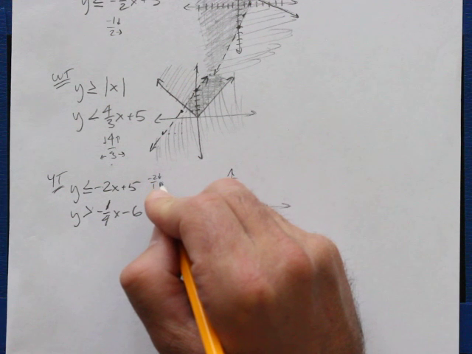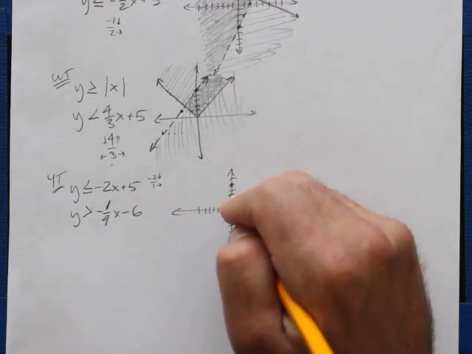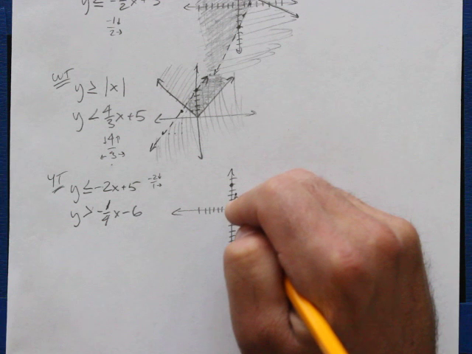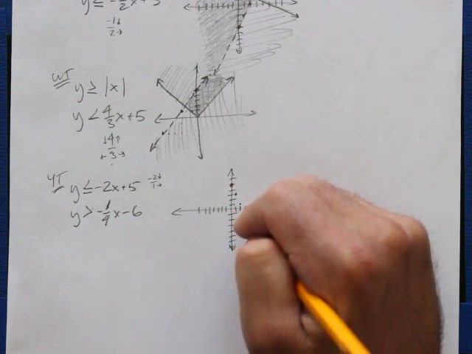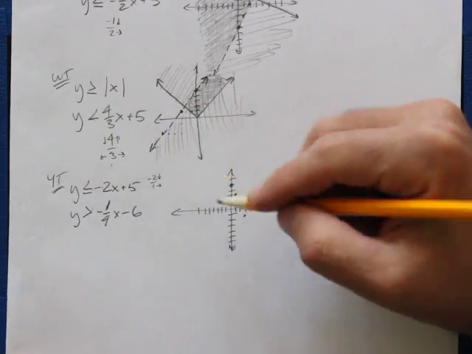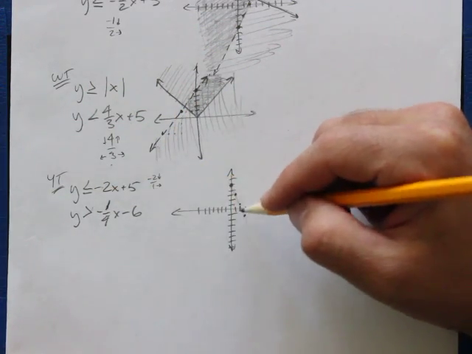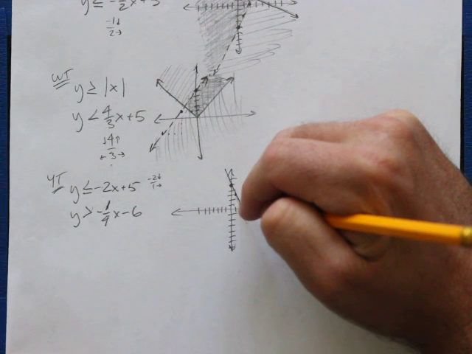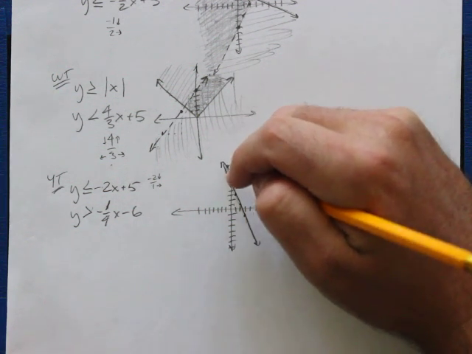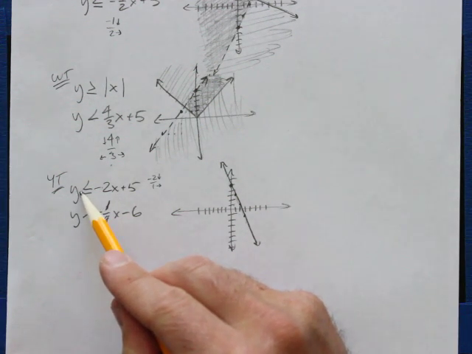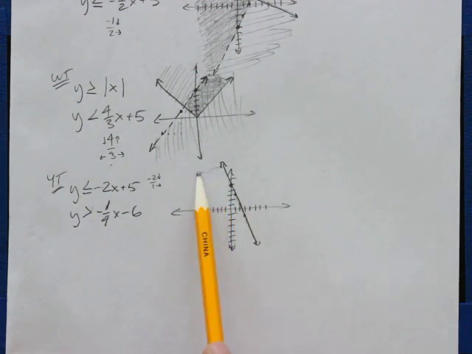So I go down 2 to the right 1. 1, 2 over 1. All right. So this is or equals to, so I know I'm going to have a solid line here. And then y is less than, so I'm going to shade underneath, just lightly.